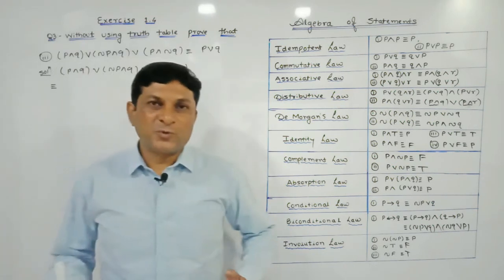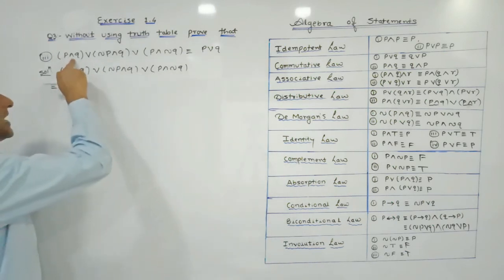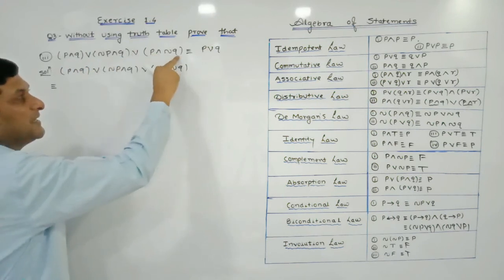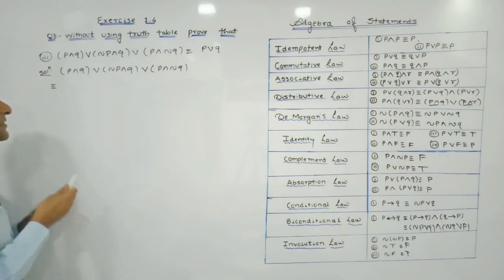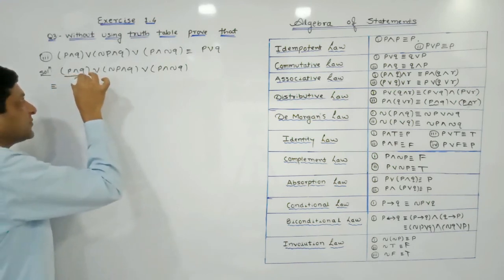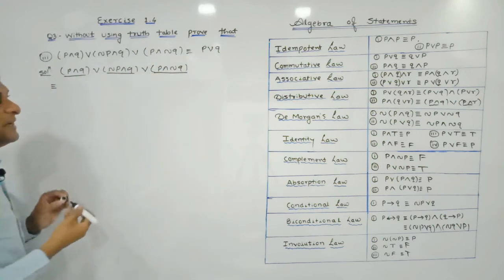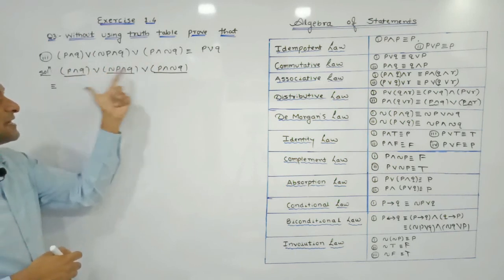Now let us try to solve the third example. In the third example, observe the given statement: (P and Q) or (negation P and Q) or (P and negation Q). We have to show that it is equivalent to P or Q. If you consider the first statement as one letter, the second statement as the second letter, and the third statement as the third letter, we can observe that the first, second and third statements are connected by what?